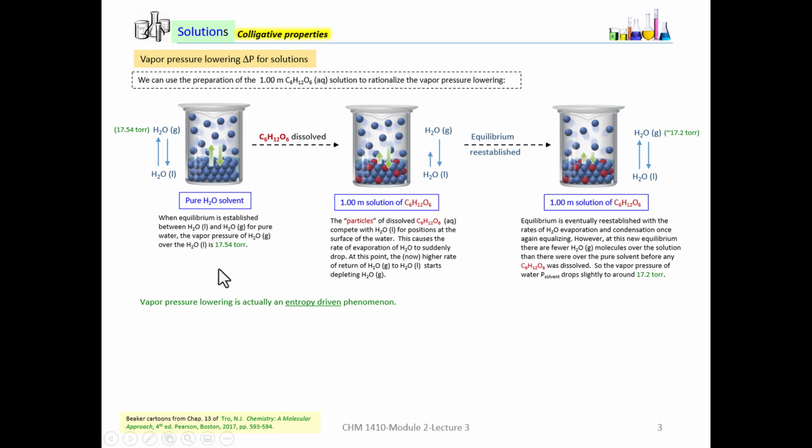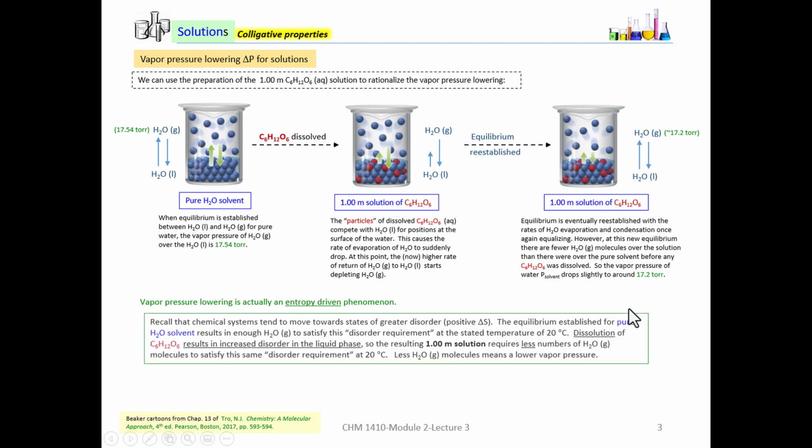We can actually think of vapor pressure lowering as an entropy-driven phenomenon. And here's something that I thought was a clever explanation. Recall that chemical systems tend to move toward states of greater disorder. We talked about how a positive delta S is something that would naturally drive reactions or processes.